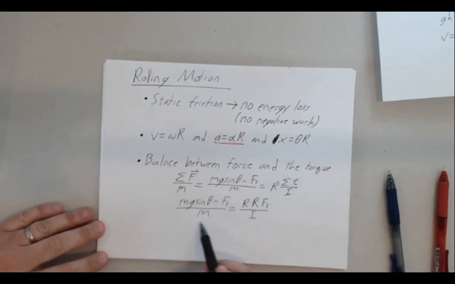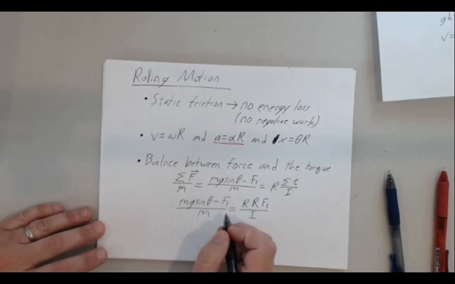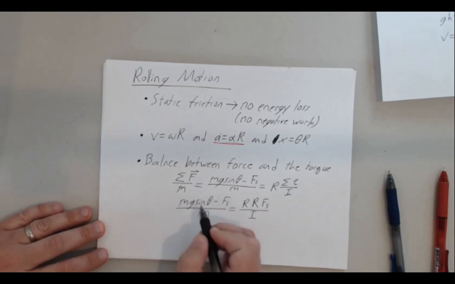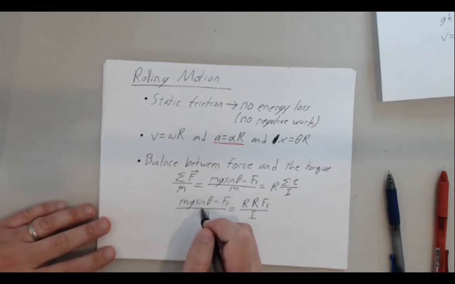Okay, what's happening here? I've got friction over here, and I've got friction over there. So I'm going to end up with some kind of a relationship between the friction force and the force pulling you downhill, which I'm actually going to stop writing as mg sine theta because this works for any rolling motion.